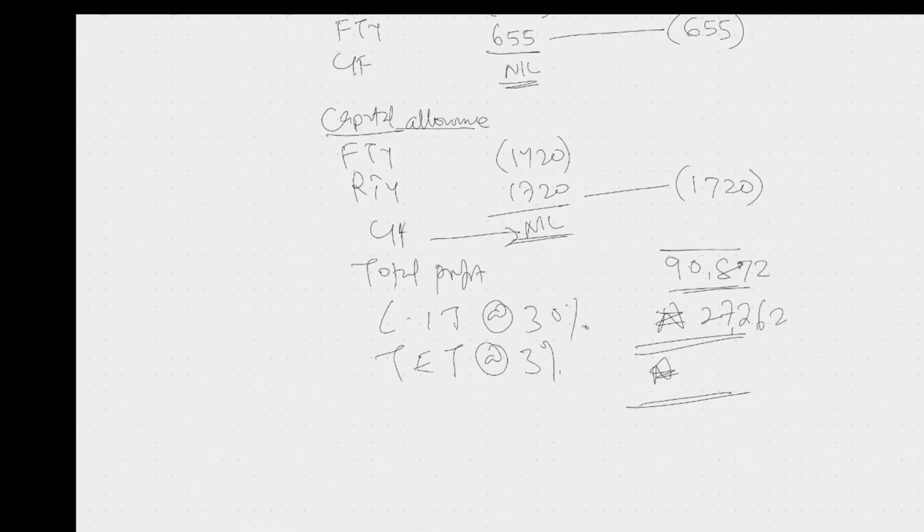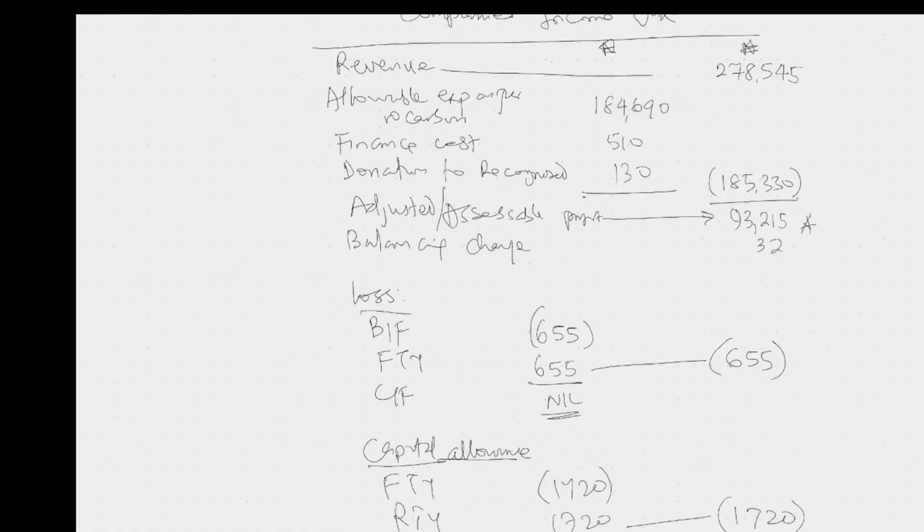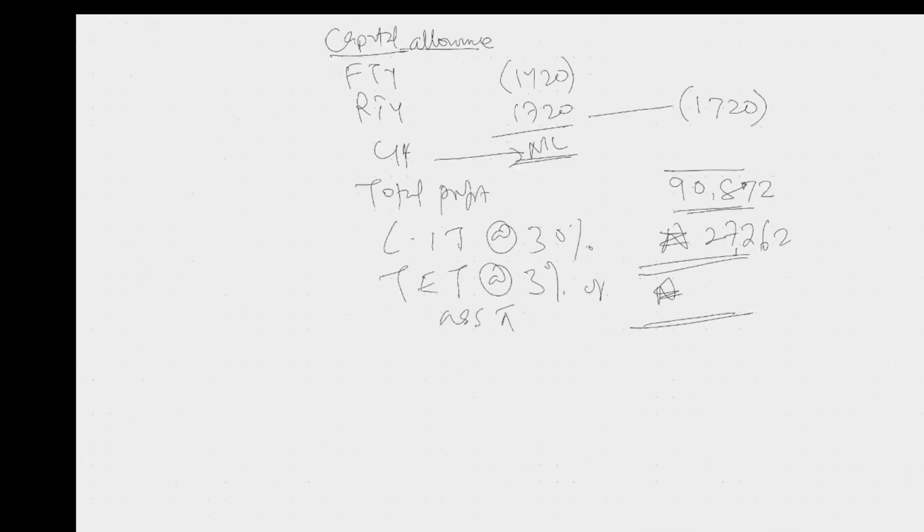Okay. Tertiary education tax, 3% of your assessable profits. What do you have? 2,796. So that is the end of the question.